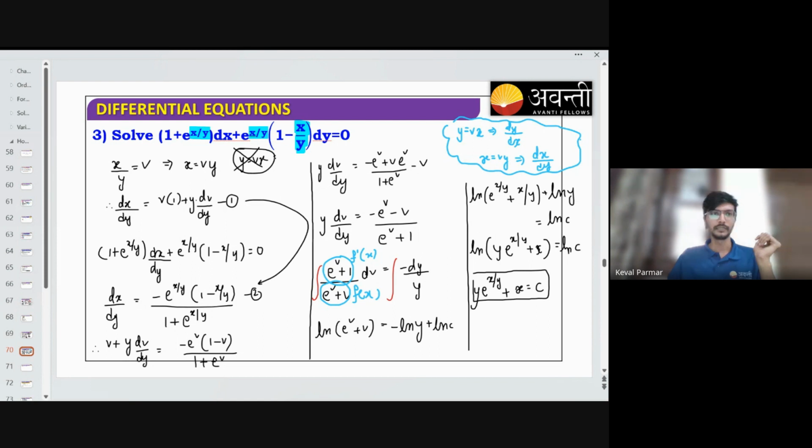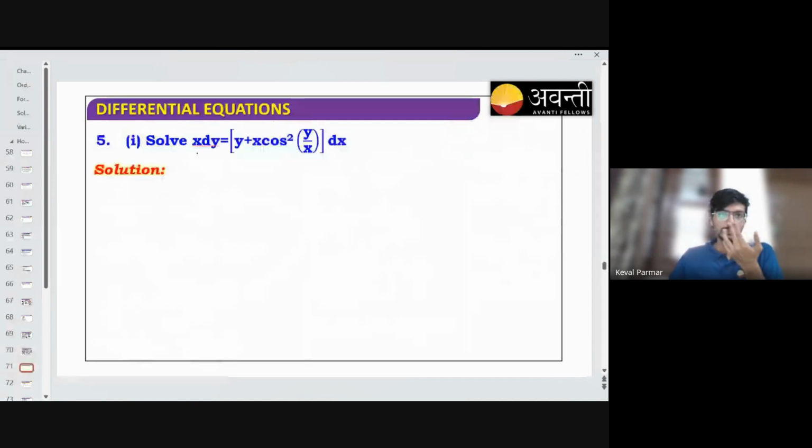The next question. Solve. Again, our aim is to get dy over dx. So what will be dy over dx?